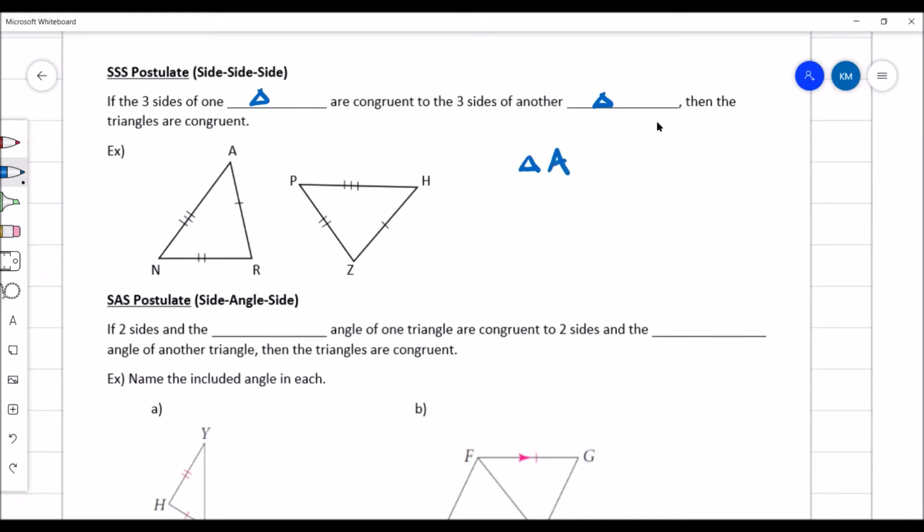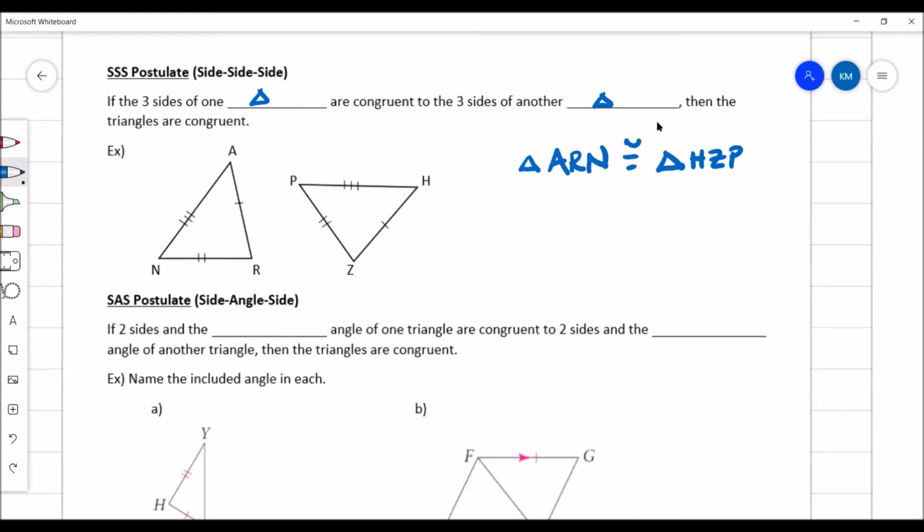Triangle ARN is congruent to triangle. And so it's important, as I have established my rule of how I want to name this, 1 hash to 2 hashes, I'm going to do that same thing here. I want to say triangle HZP. And so now I have it set up so that triangle ARN is congruent to triangle HCP.